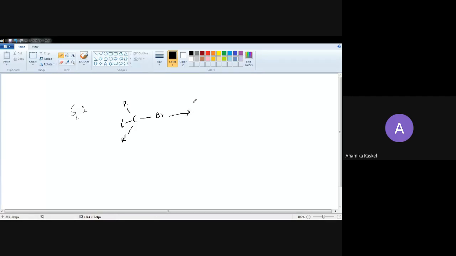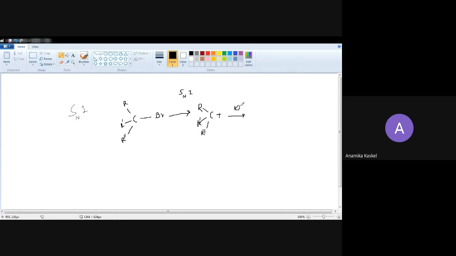In the Sn1 pathway, the first step is the slowest step. What happens in the first step? There is a formation of a very stable carbocation, with R, R dash, R double dash. When this carbocation is formed, in the second step the nucleophile is used.